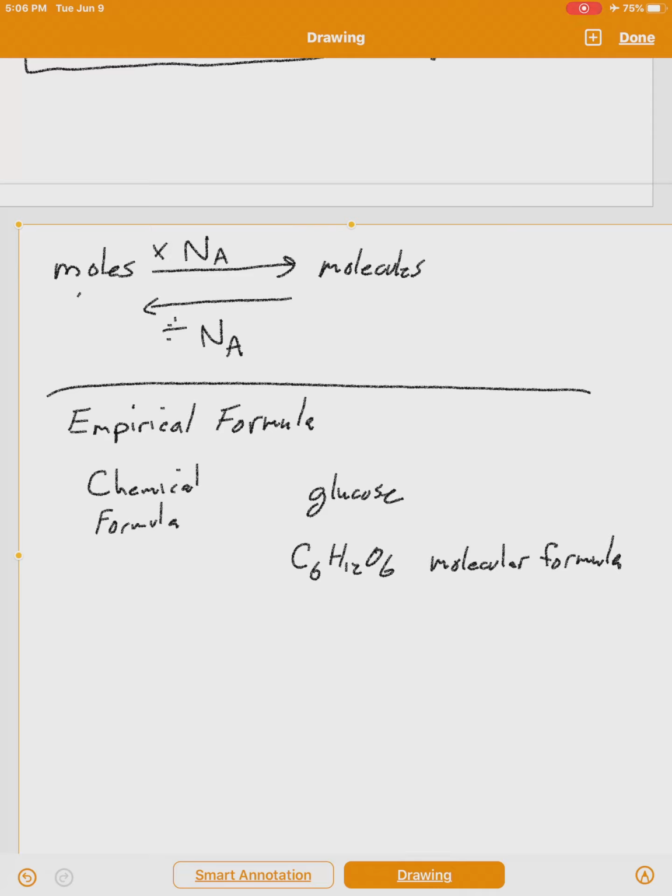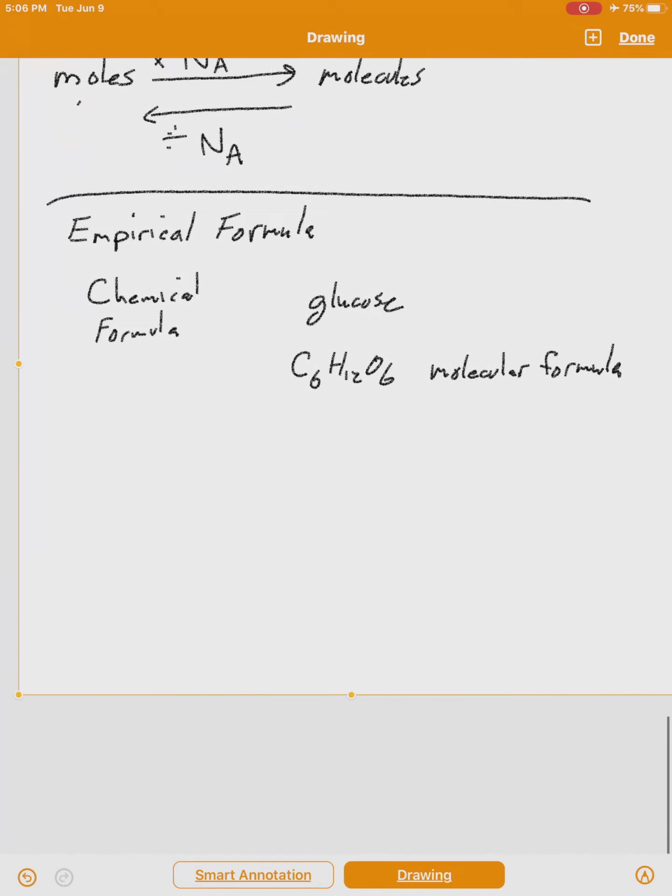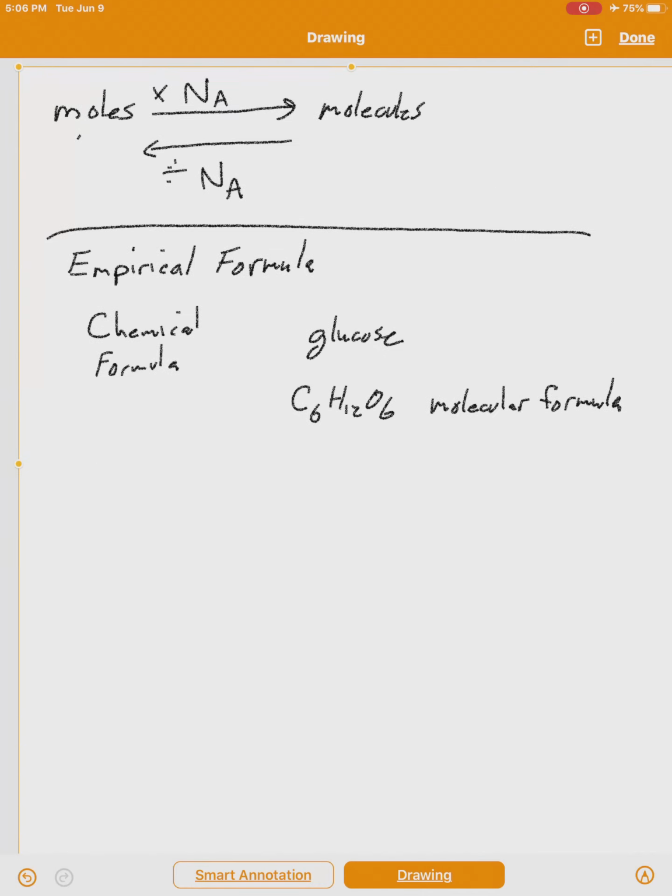It's the idea that this, in its essence, is what glucose is. If you distill it down to its simplest building block, glucose is a combination of 6 carbon atoms, 12 hydrogen atoms, and 6 oxygen atoms.